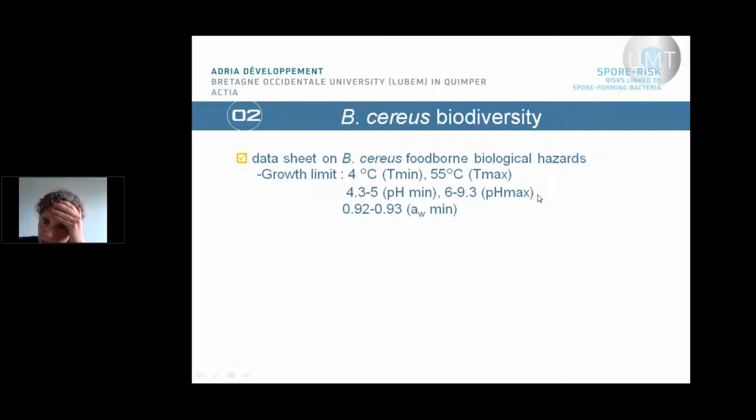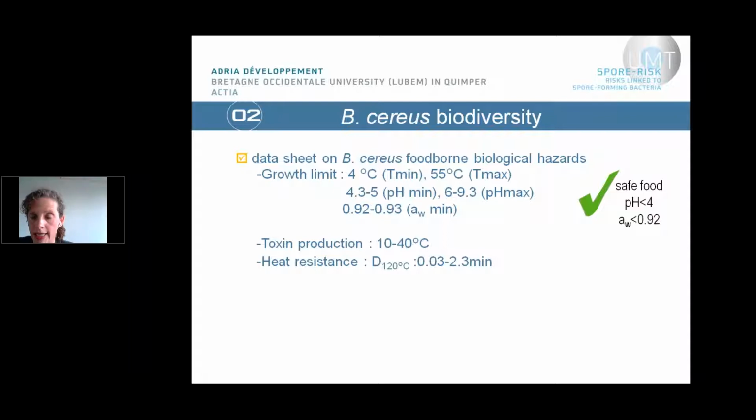Minimum and maximum pH that is allowing growth of Bacillus cereus, as well as water activity. So most of the time you have safe food regarding Bacillus cereus hazard as soon as you have a low pH and a low water activity, because in this condition the growth of Bacillus cereus is not supported.